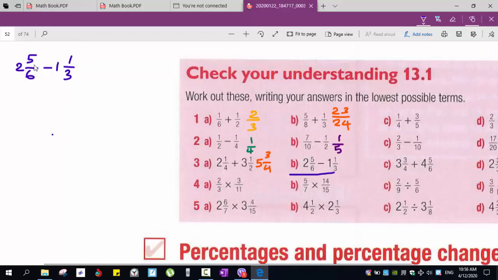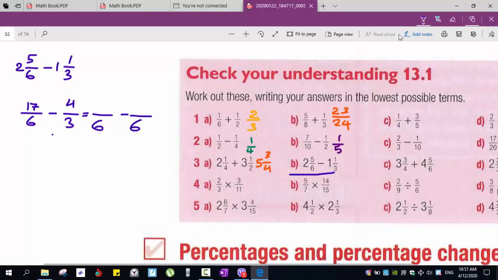Firstly, we need to return these mixed numbers back to improper fractions. Then 6 times 2 is 12, plus 5, it is 17 over 6, minus 3 times 1 is 3, plus 1, 4 over 3. Now the common denominator for these two fractions is 6.